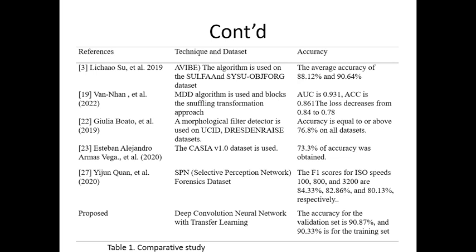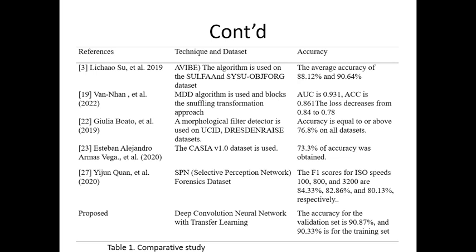In the next paper, the Casia V1.0 dataset is used, in which accuracy was obtained as 73.3%. Then in the next paper, a selective perception network was used on forensic data, in which the F1 score for ISO speed 100, 800 and 3200 was 84.33, 82.86 and 80.13 respectively.